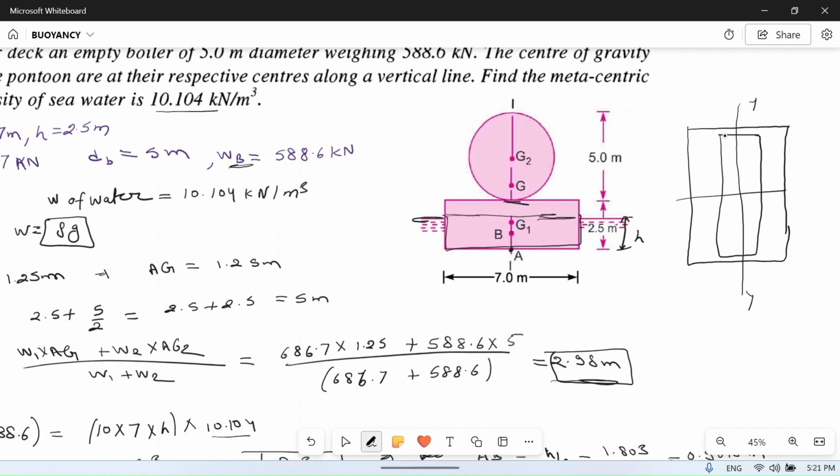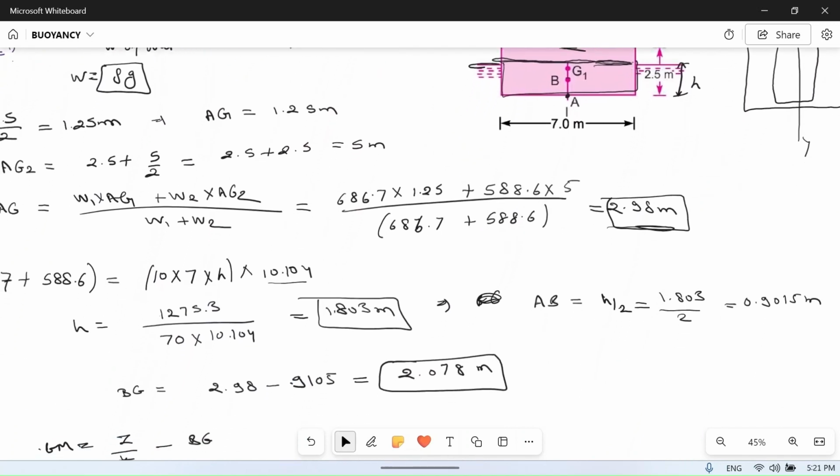At which level will you calculate, for this cylindrical shape or this bigger rectangular shape? We will calculate at the water level. At water level, water is in this rectangular portion, there is no water touching the cylindrical portion, so we will calculate for this rectangular portion, because we have to calculate at water level.